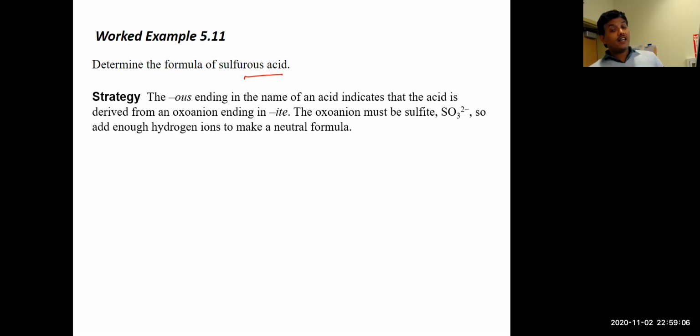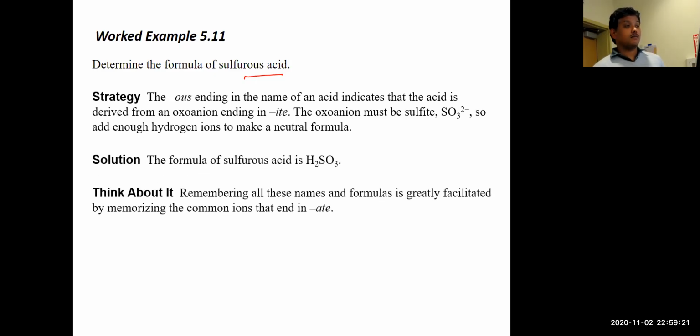SO4 is sulfate and SO3 is sulfite. So SO3 2 minus is sulfite, but when SO3 2 minus is connected to hydrogens, it is called sulfurous acid. That is how you would derive the name. Sulfurous acid's chemical formula is H2SO3.